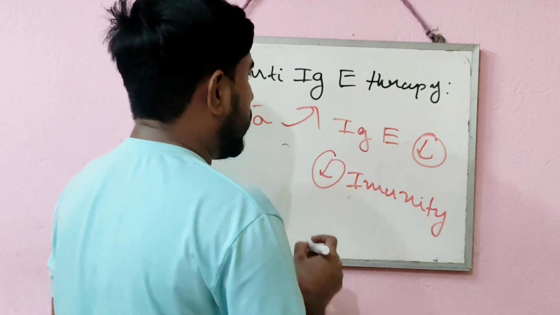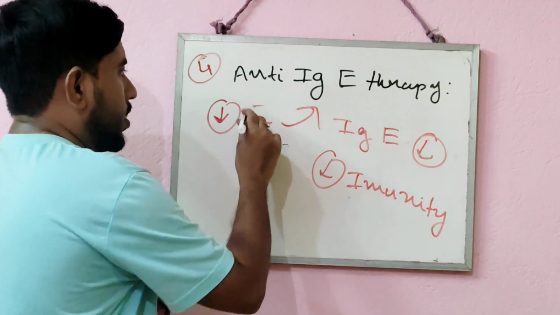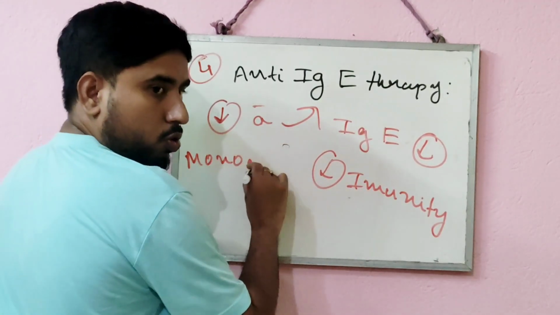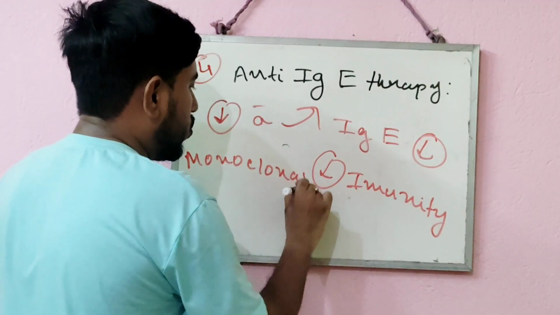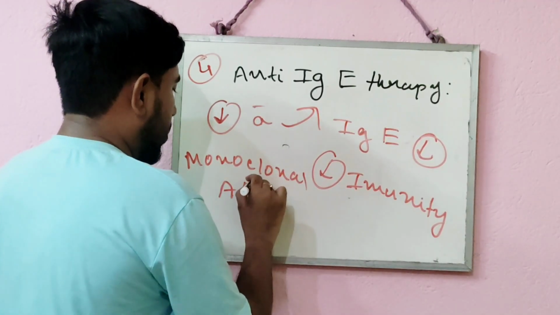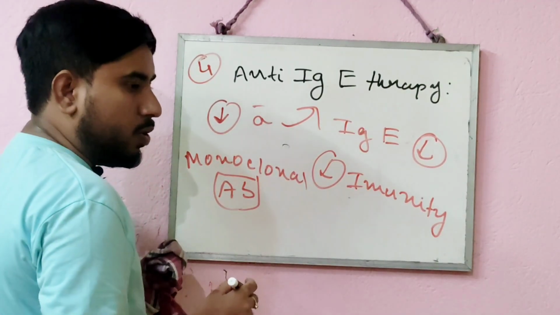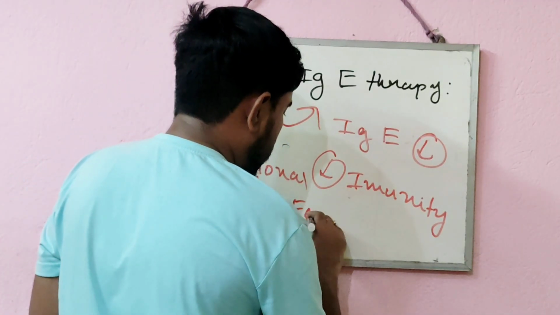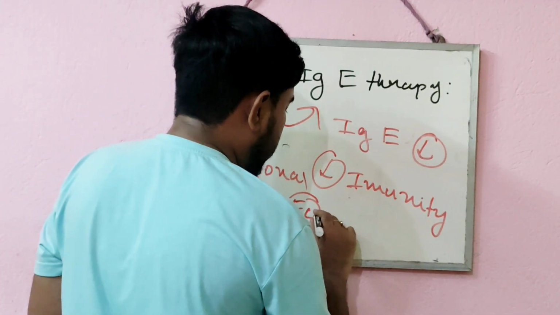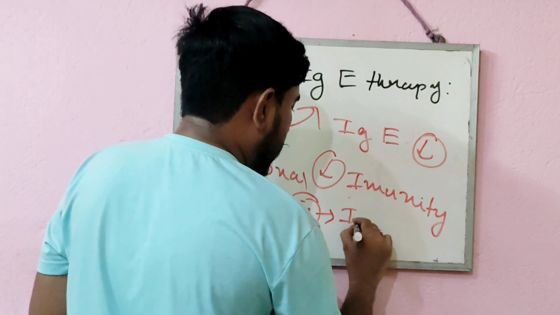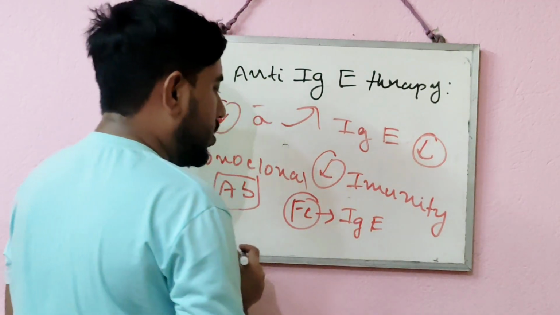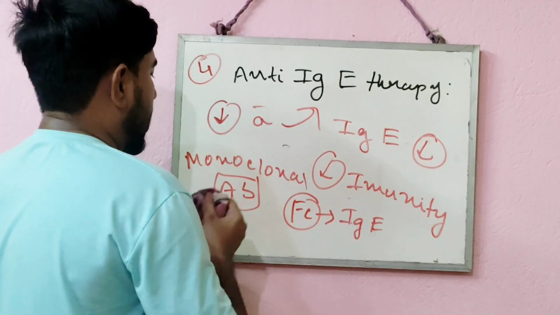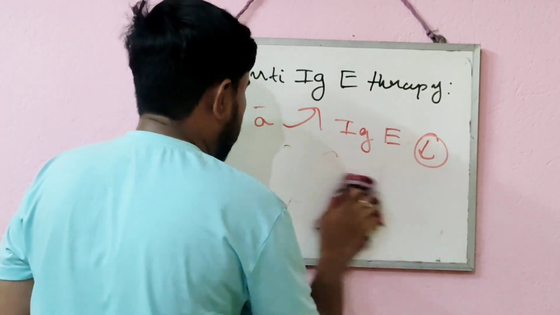Now we will study how it shows its action. You have to remember that omalizumab is a monoclonal antibody. It shows its action by binding with the Fc region of IgE.